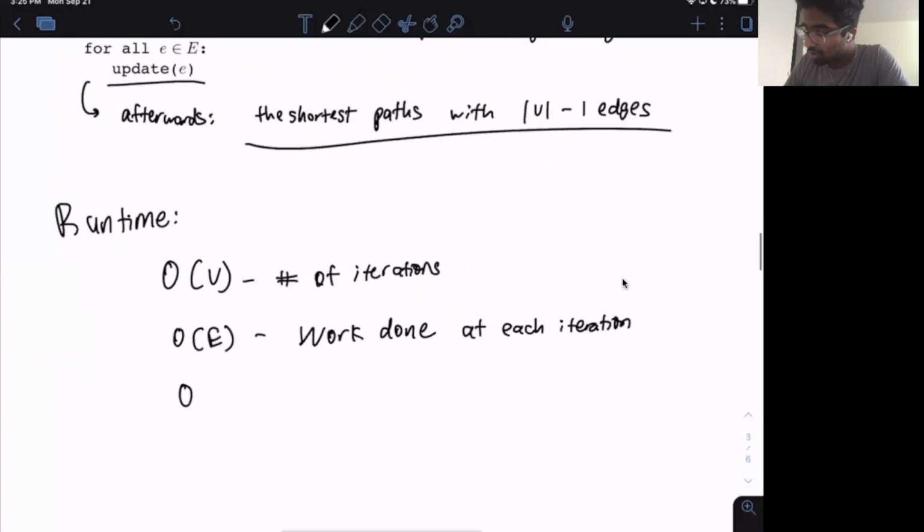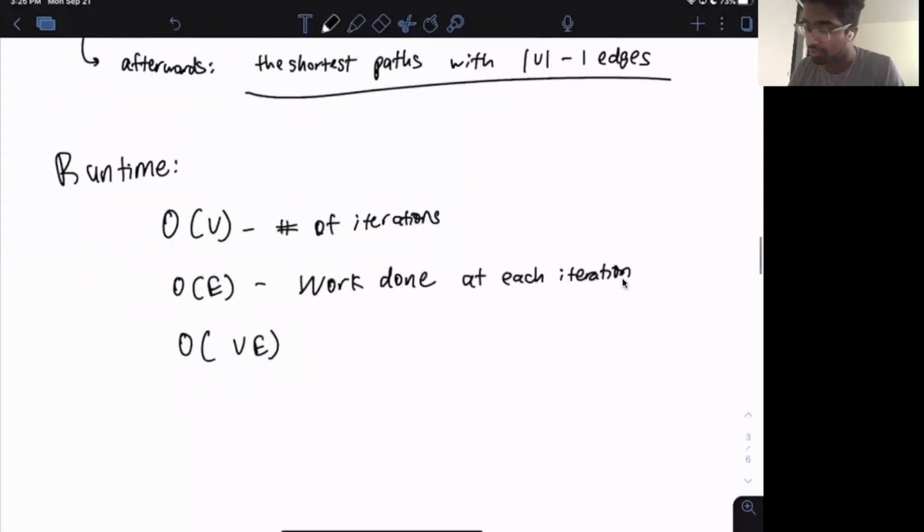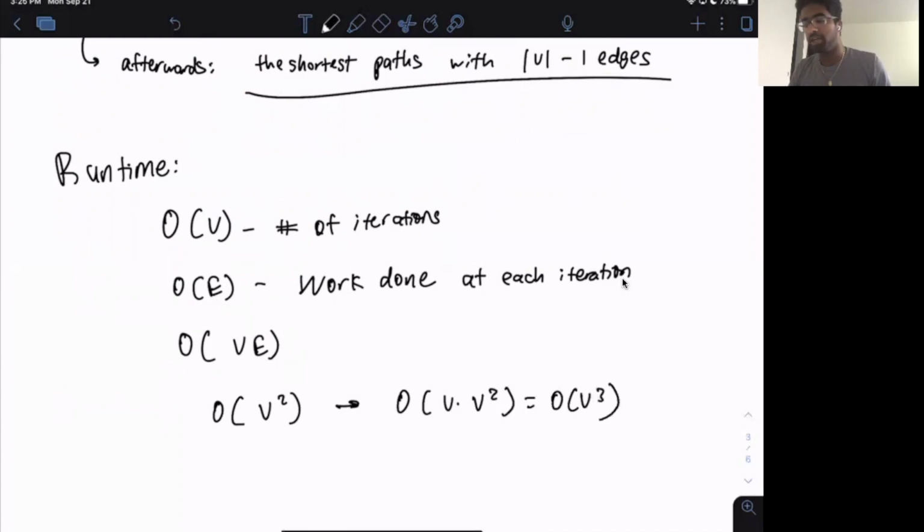And so in total, we result in O of V times E total runtime. A lot of times in dense graphs, we can approximate the number of edges to be of the order O of V squared. So in that case, this entire runtime would be O of V times V squared, which equals O of V cubed. But a more accurate way is saying the runtime is V, the number of vertices, times E, the number of edges.